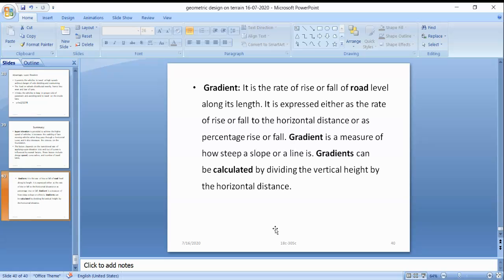Next, we have seen the gradient. It is the rate of rise or fall of a road level along its length. It is expressed as the rate of rise or fall for the horizontal distance.